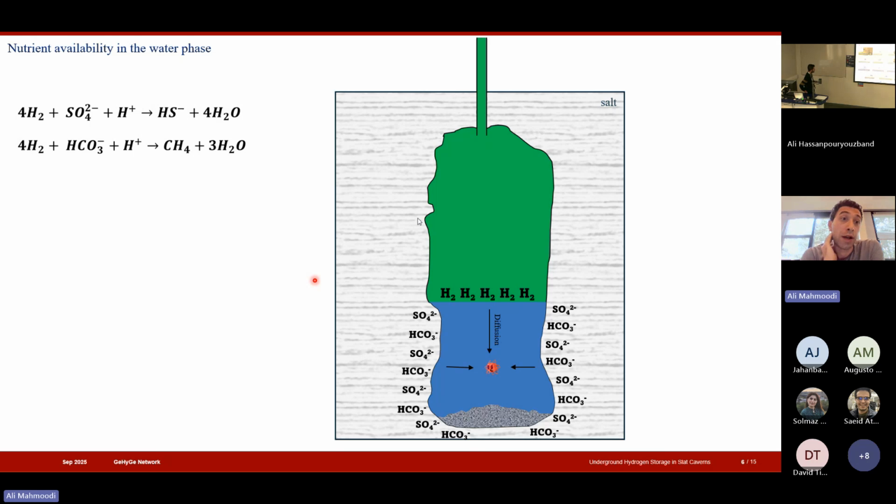Well, I'm not a microbiologist, so I'm not really comfortable talking about the details of microbiology here, but I would say it's pretty different.